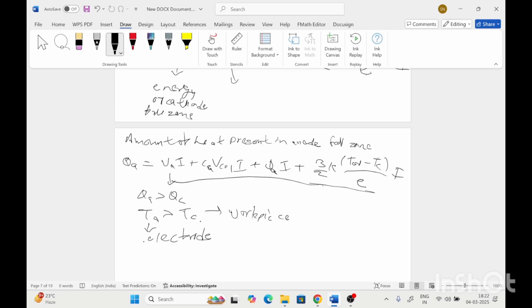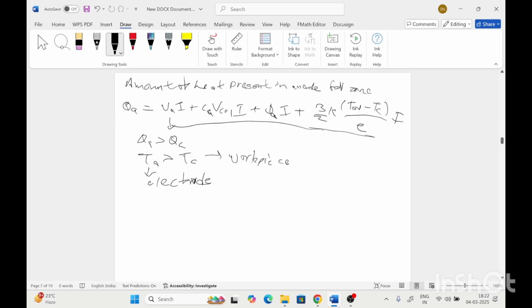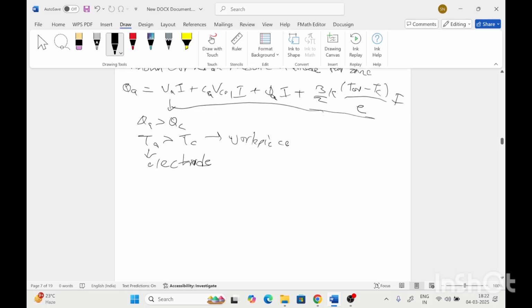So the heat available at the electrode will be very high. So it will lead to the higher melting and higher deposition at the workpiece. Means the amount of molten weld metal will be higher because of the heat present at the anode pole zone.